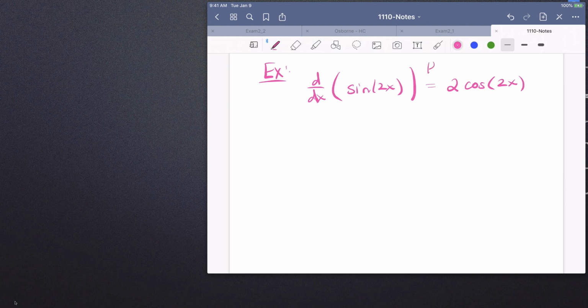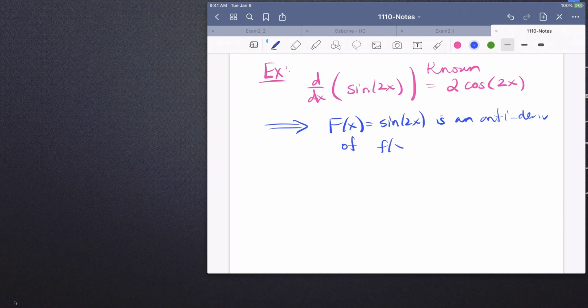We can rephrase this statement as: sine of 2x is an antiderivative of the function little f of x equal to 2 cosine of 2x.